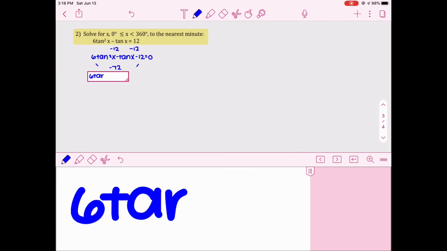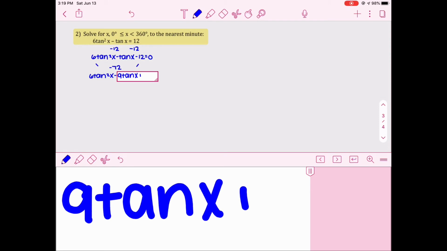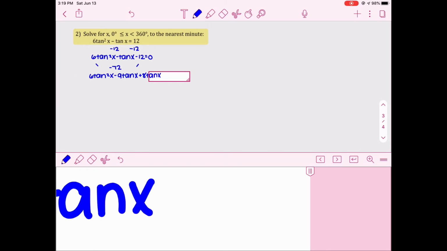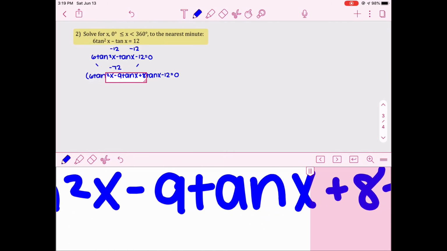So we have 6 tan squared x, and the factors would be negative 9 and positive 8. So minus 9 tan x plus 8 tan x minus 12 equals 0. So now we're going to put parentheses around the common terms.